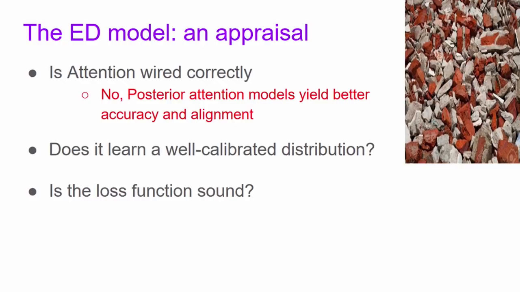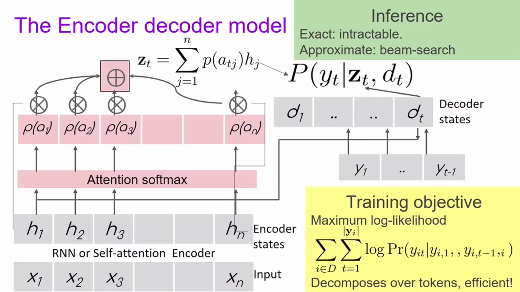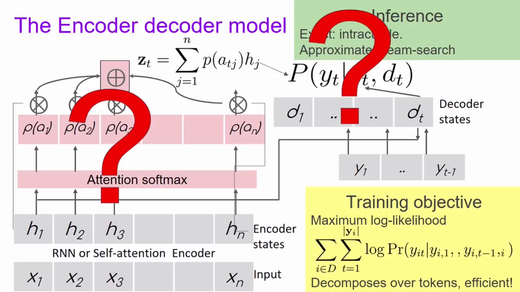Okay. So now we'll go to the next point, and this is going to touch upon the Achilles heel of the encoder-decoder model, which is the inference. So earlier we were talking about the attention, and now we are going to talk about inference, whether we have handled the inference task well.